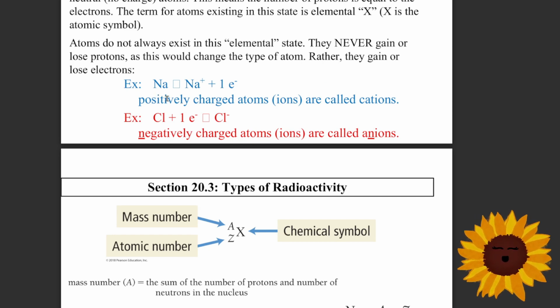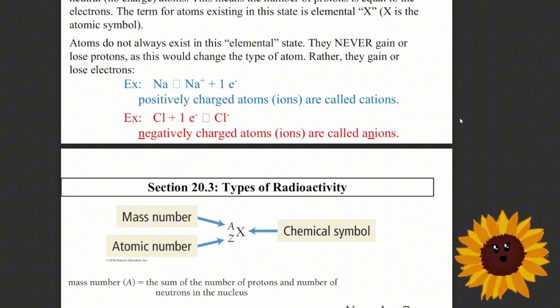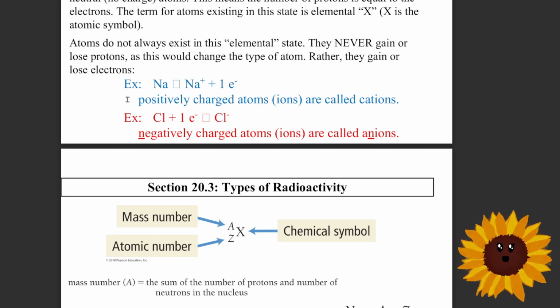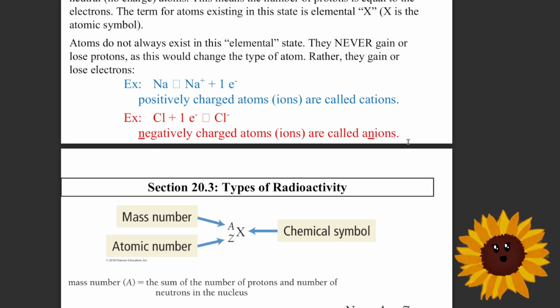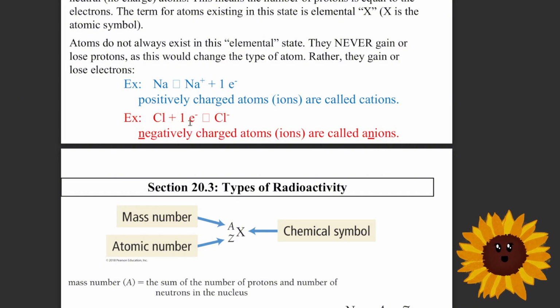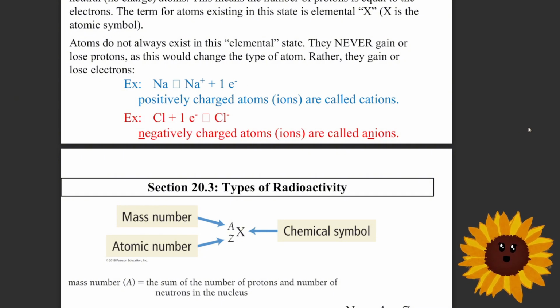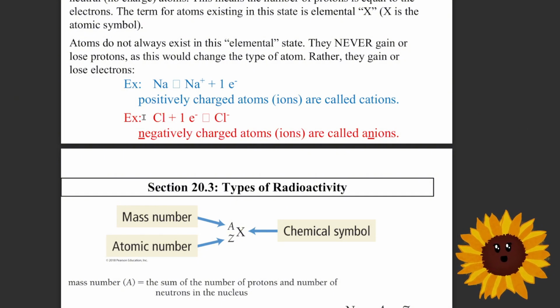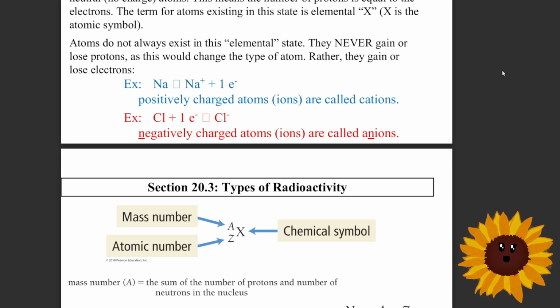Cations are the only other thing it could be, which is positively charged atoms. If we know that cations are positively charged, like cats are positive, or anions are negatively charged, then we'll know the other one automatically because we only have to remember two things. A little hint, again, to try to figure out a way to remember these, but please come up with your own fancy metaphors and ways of remembering them as well.